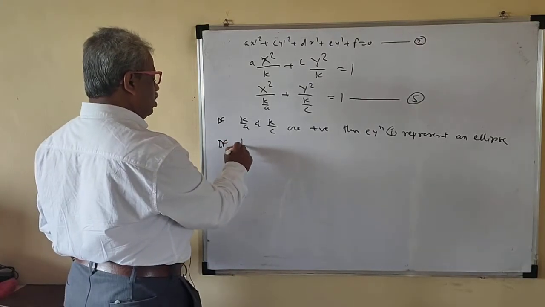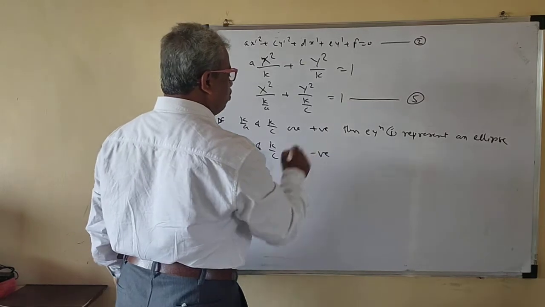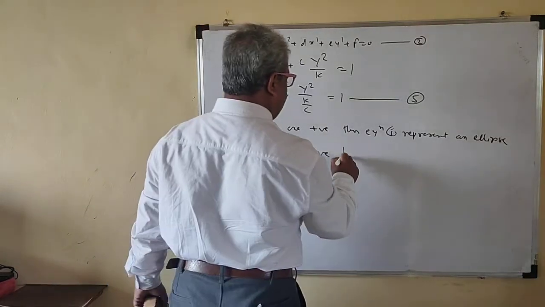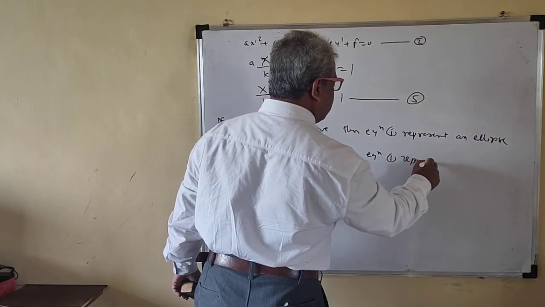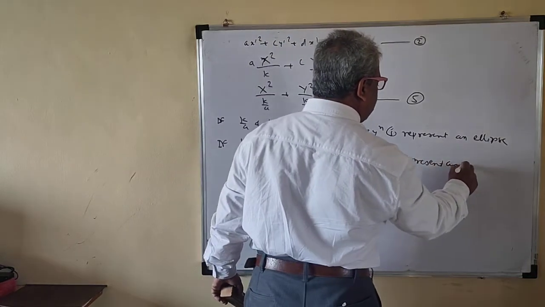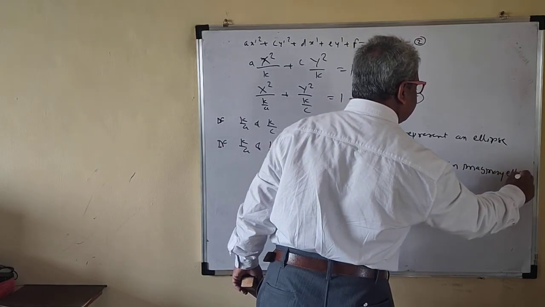If k upon a and k upon c are both negative, then equation 1 represents an imaginary ellipse.